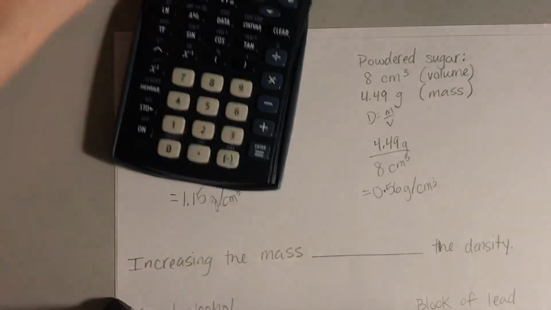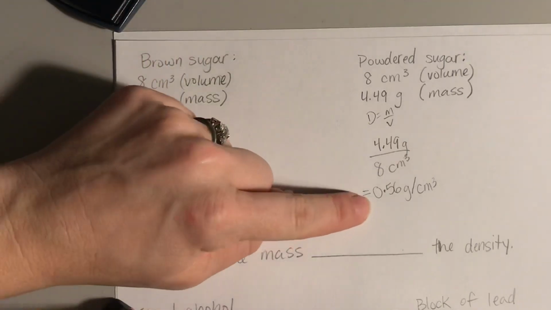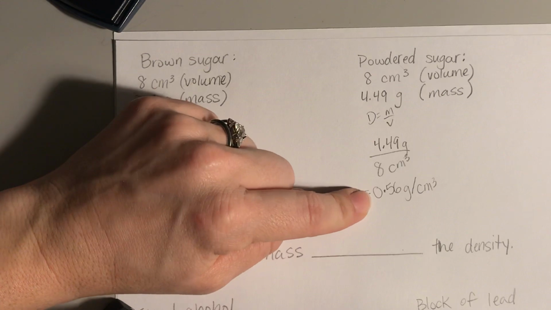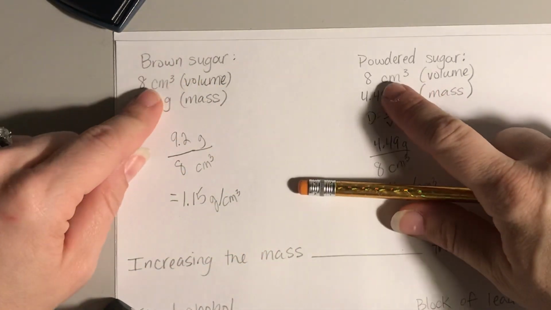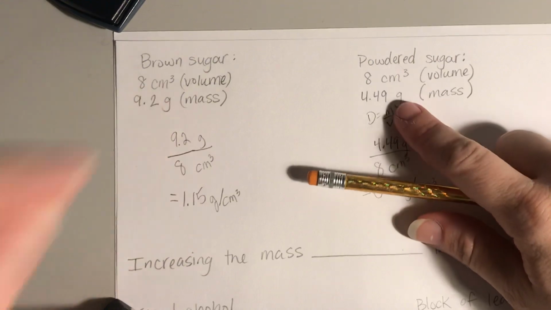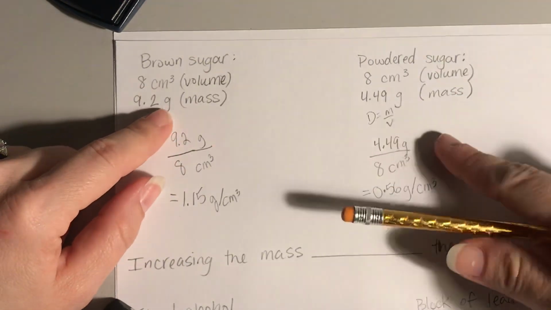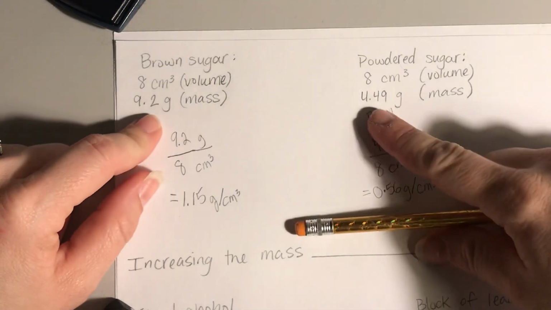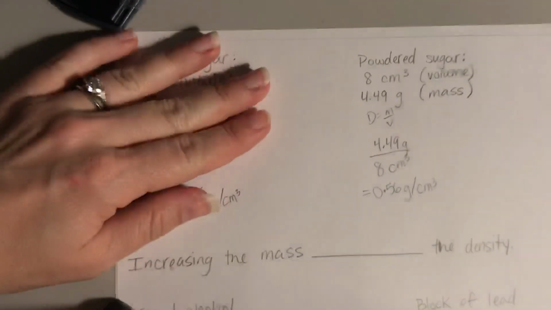So the brown sugar is much more dense. It has a higher density than the powdered sugar. The only thing that was different between these, the volume was the same, the mass was different. So the one that weighed more, the one that has a higher or increased mass, is going to have a higher or increased density.